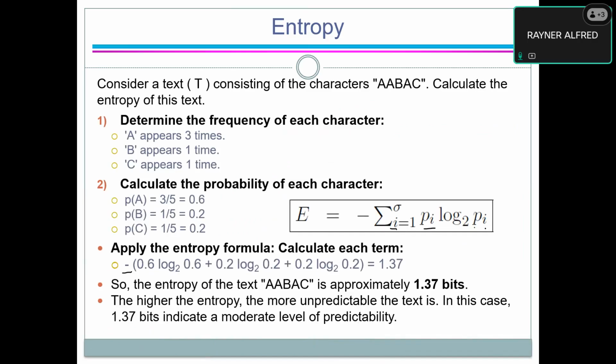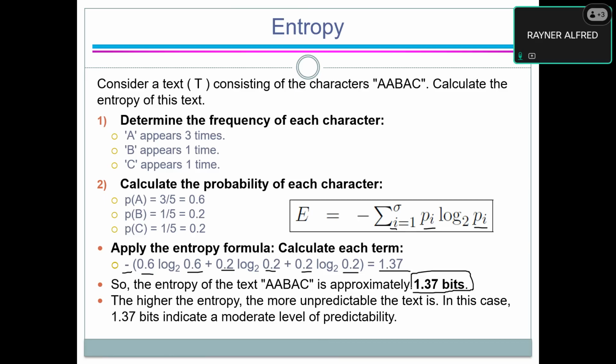So this is for the A, this is for the B, this is for the C. Once we compute this, we get 1.37, meaning that we have 1.37 bits to represent this.